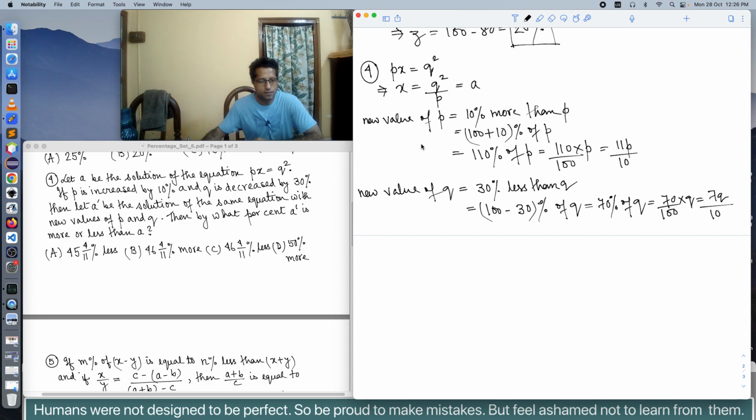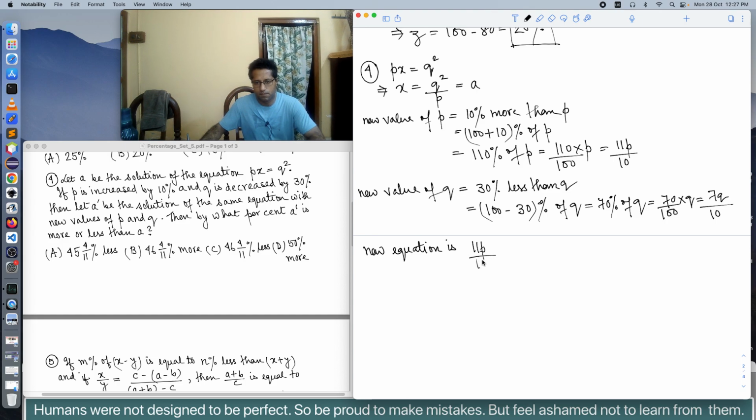Now it is saying that a dash is the solution of the same equation with new values of p and q. Since the values of p and q have changed in the equation, the new equation will be: instead of p we will now have 11p by 10.